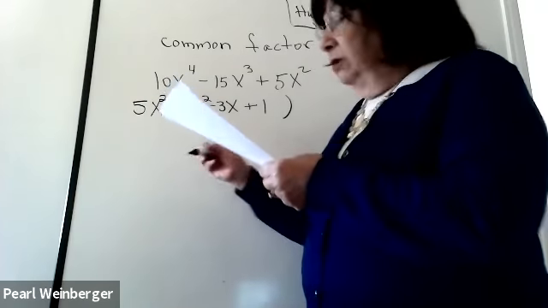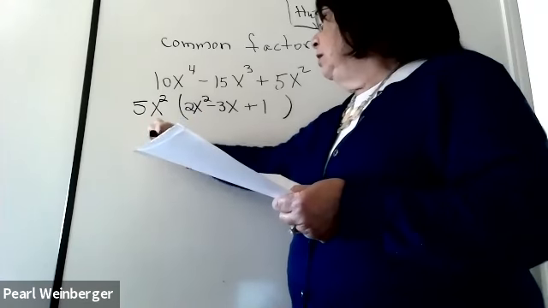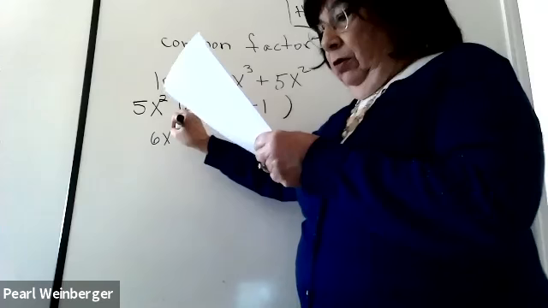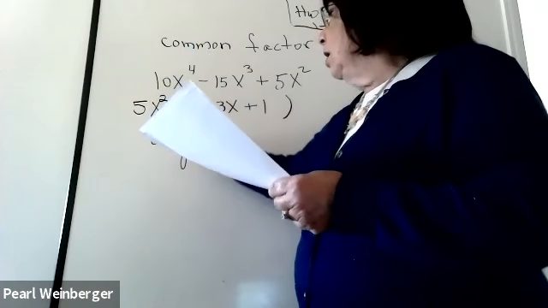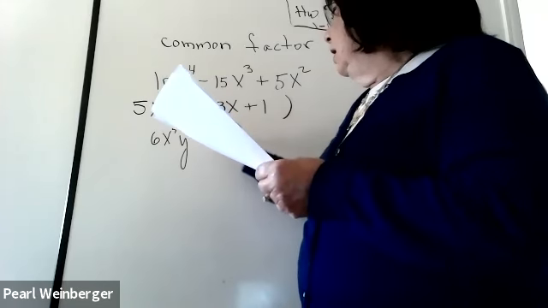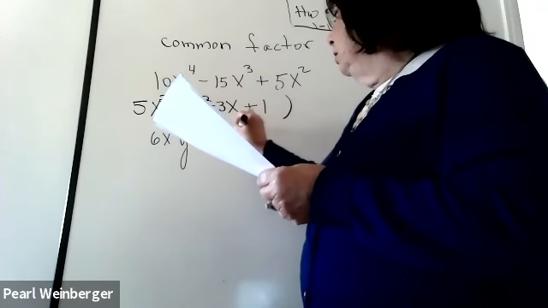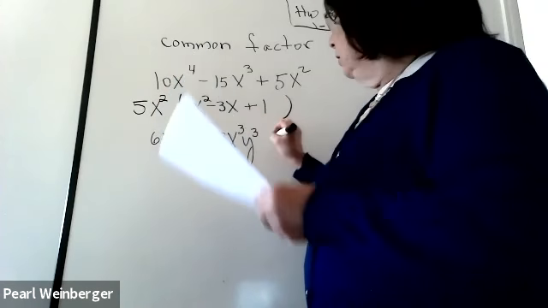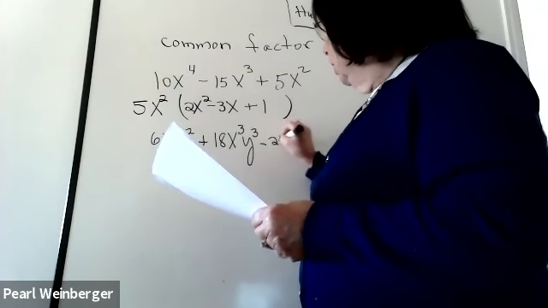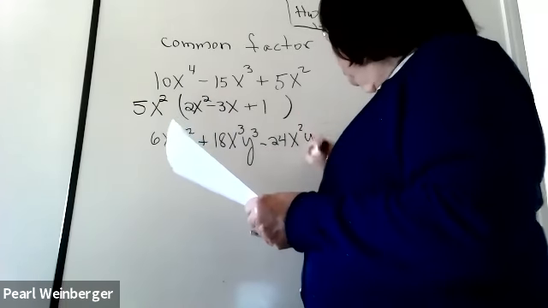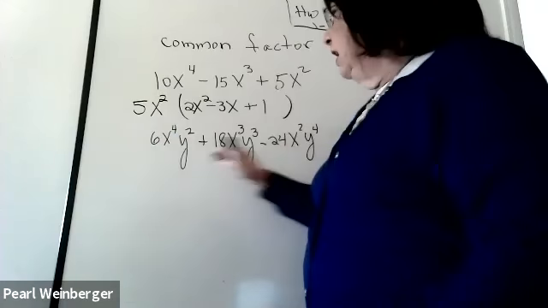Let's see if you can do this problem on your own. 6x to the 4th y squared plus 18x to the 3rd y to the 3rd minus 24x squared y to the 4th.